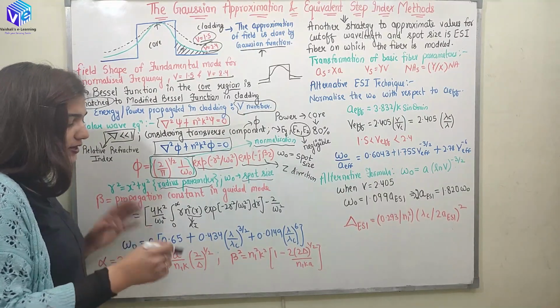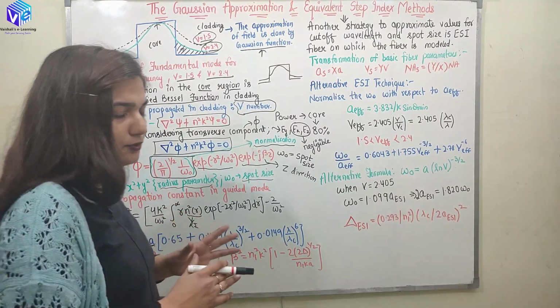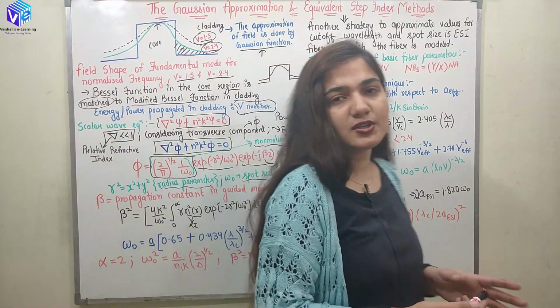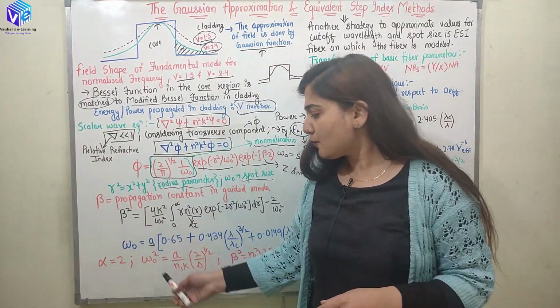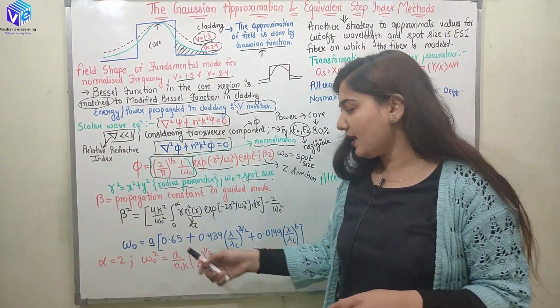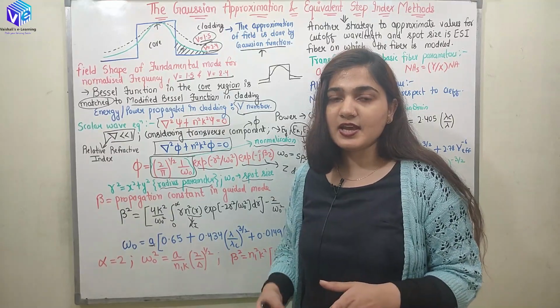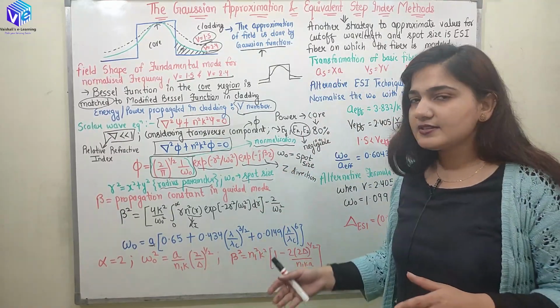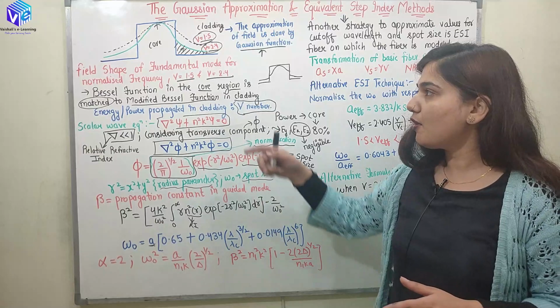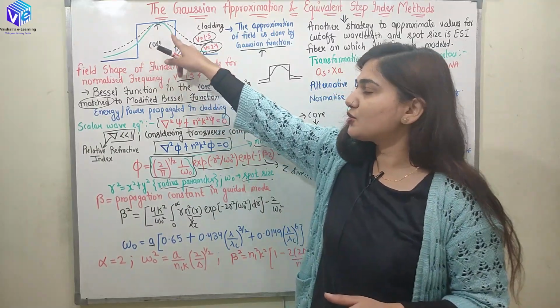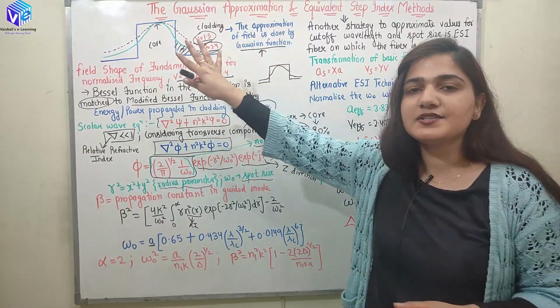So I hope you understood how we can find out the Gaussian approximation for the propagation constant, that is beta, and for the spot size. All of these things can be related with the help of the Gaussian approximation of the field that I have considered.